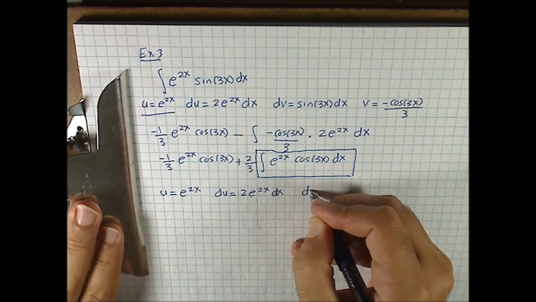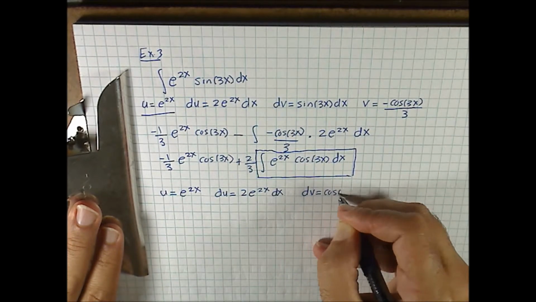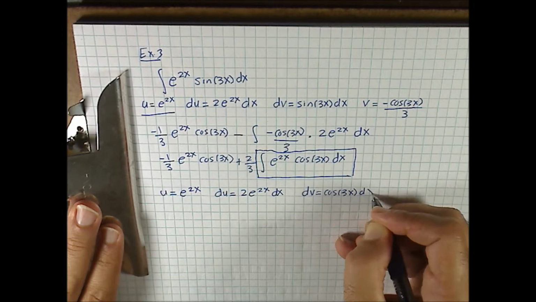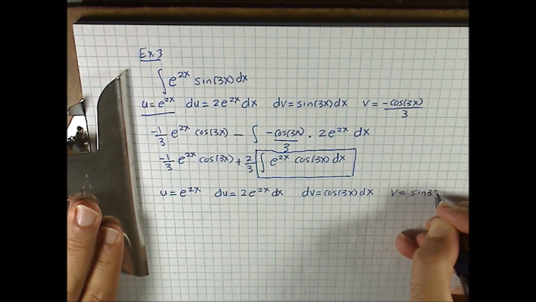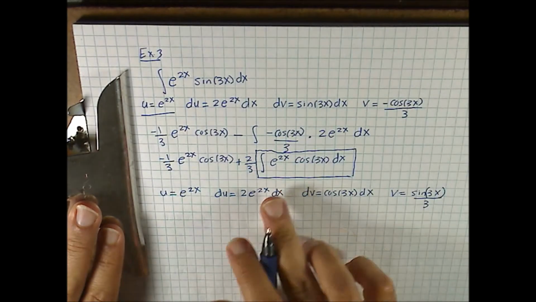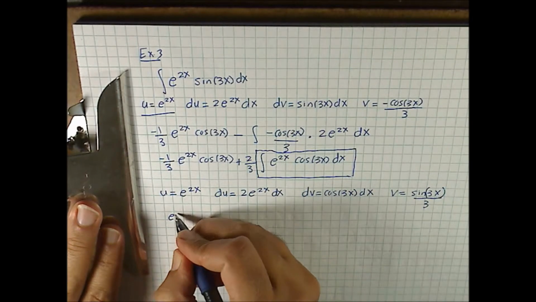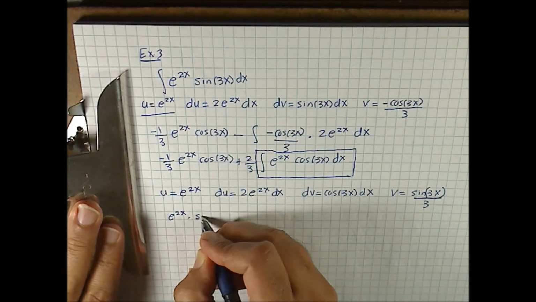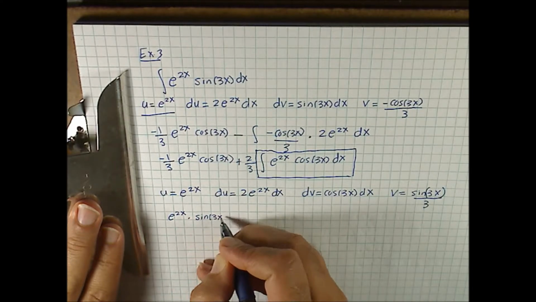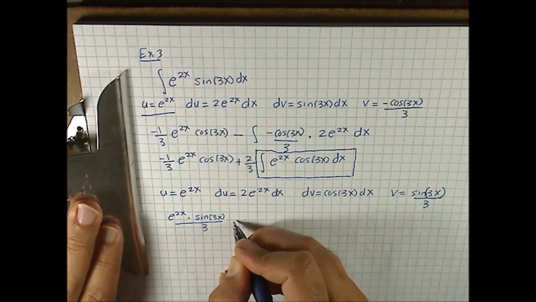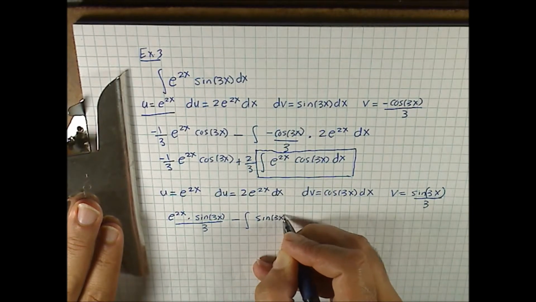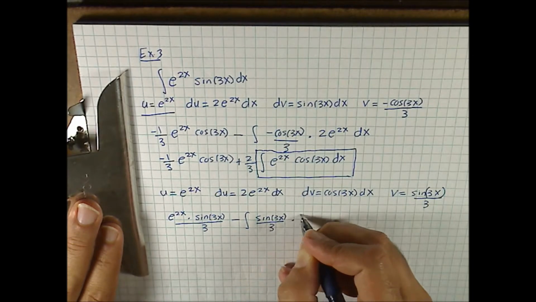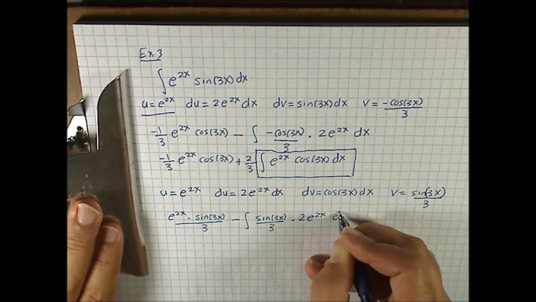dv is cos 3x dx. v is the integral of cos, that's sine 3x over 3. So let's solve this integral with u times v, that's e to the 2x times sine 3x over 3, minus the integral of v, that's sine 3x over 3, times du, that's 2 e to the 2x dx.